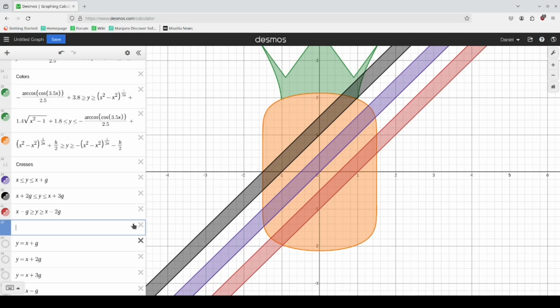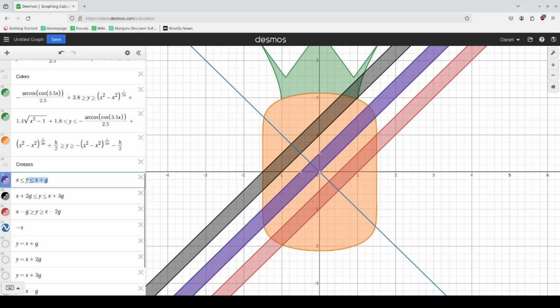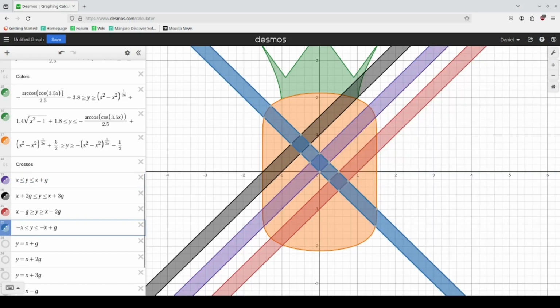So it'd be minus x. In fact, I think we could just copy this and just flip these around. Yes, that's what I'm going to do here.